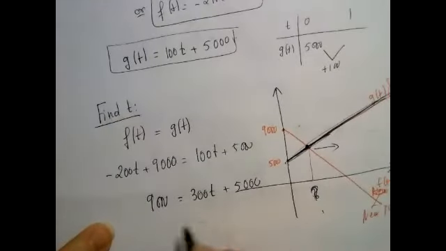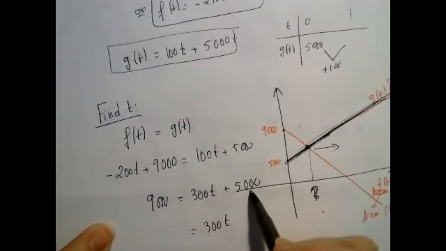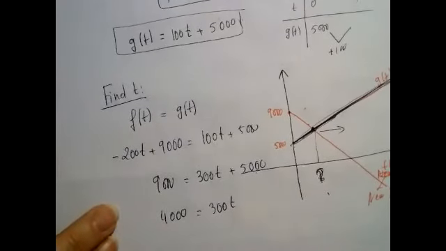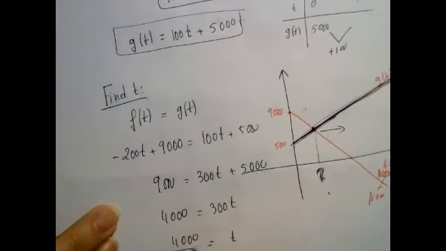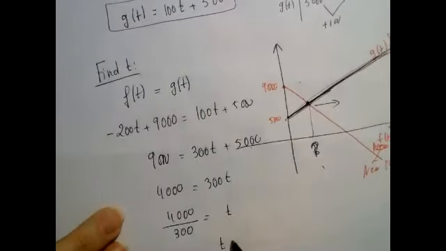I take 5,000 from both. I subtract 5,000, which is going to give me 4,000. And then I divide by 300. And this will give me t equal.